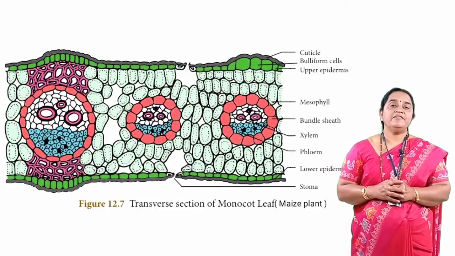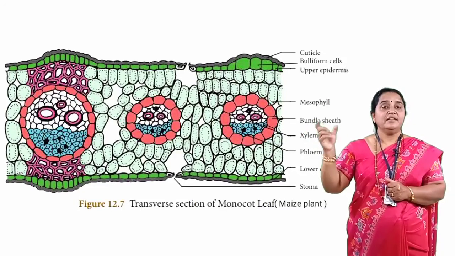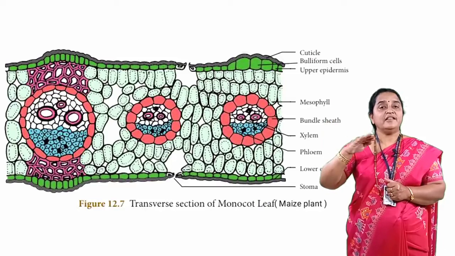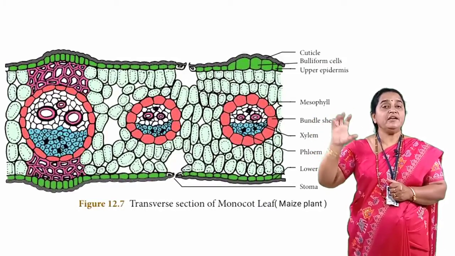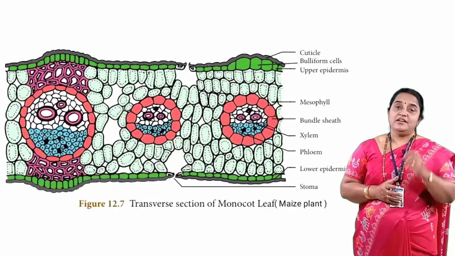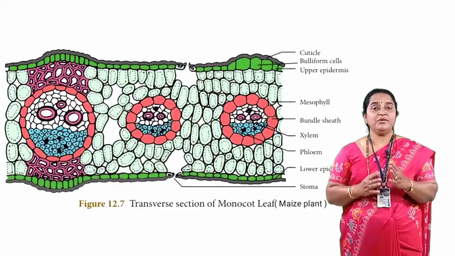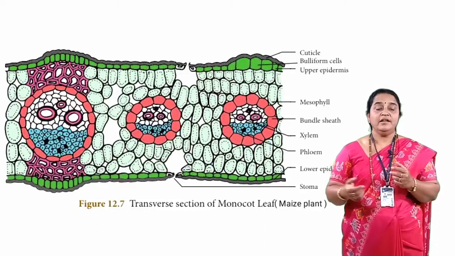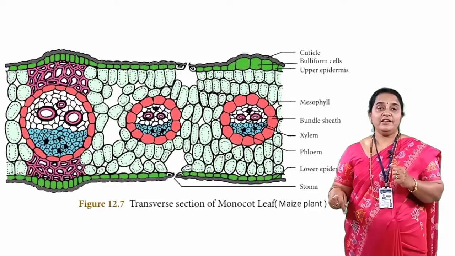There is one more specific modification we can see in the upper epidermis. Some epidermal cells in the upper region are turgid. They are big in size, called motor cells or bulliform cells. What happens, as the sunlight is maximum during summer, even in winter, and there is a scarcity of water in the soil because there is no rainy season.